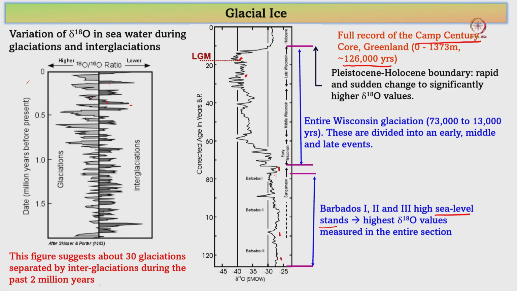So, during this period, a major part of the coastal areas would have been inside the sea as compared to what we find today. Okay, so these are some of the highest sea level stands that we call them, and they therefore show the highest delta 18O values measured in the entire section.